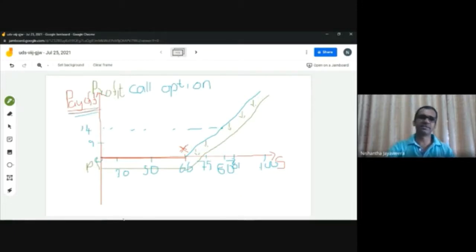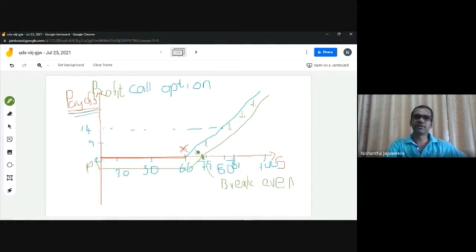The second diagram is the profit diagram. So you can see, even though you exercise your right just slightly above the strike price, you make a loss until it reaches a point somewhere here. We call it the break even point.